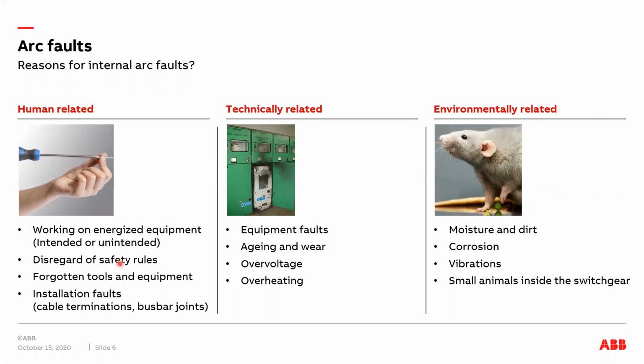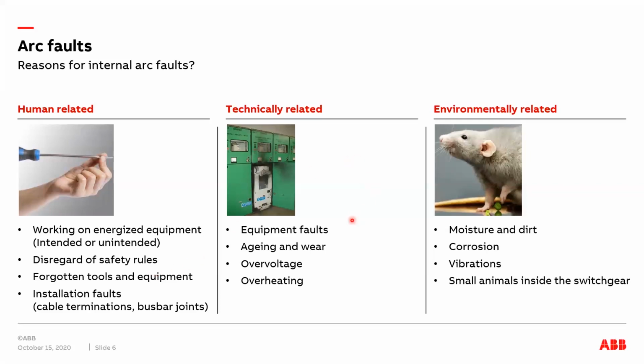So you are working on energized equipment and you know about it. A very common reason for arc faults is forgotten tools and equipment in the switchgear, which lead to arcing faults when you switch the switchgear back on. And installation faults, also poor workmanship, for example, on cable terminations or busbar joints not correctly tightened, can cause arc faults.